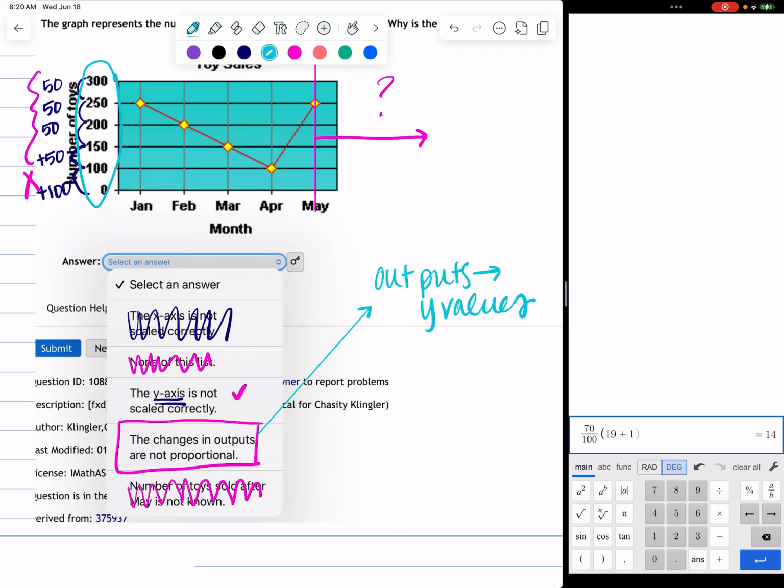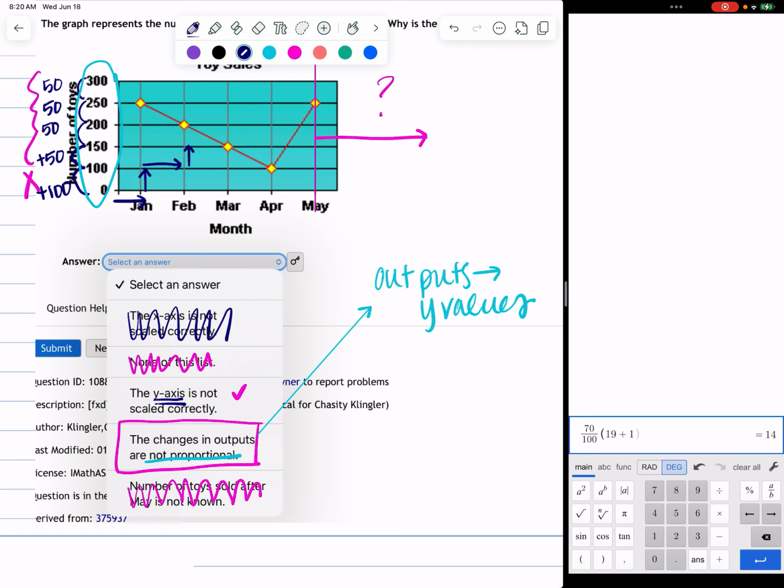If they're not proportional, well, that means if I change 1 month on the January, you can't see that because it's blue on a blue background. If I change 1 month for January, my output was 100 on my scale. If I change another month, it only went up 50. So that y increase is not proportional to the x increase.